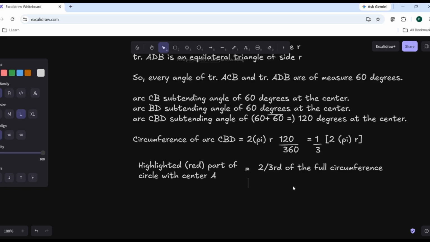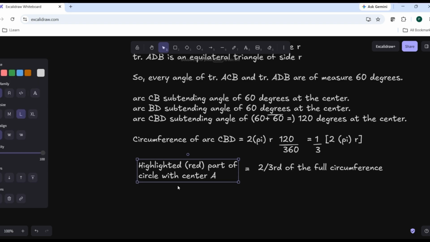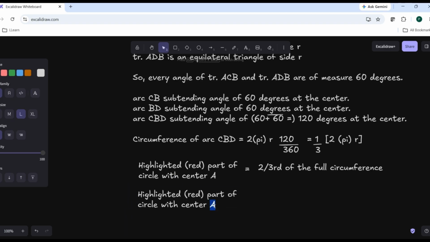And similarly, the highlighted red part of the circle with center B will also be the same. It will be 2/3 of the full circumference.